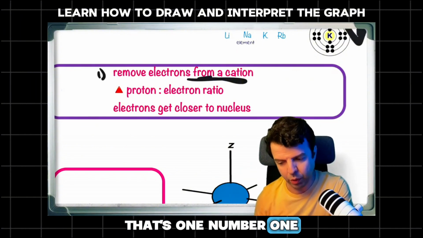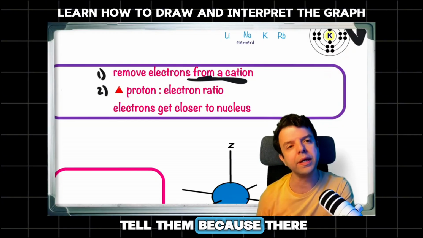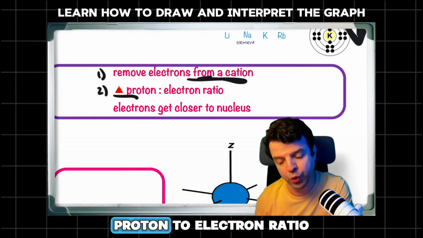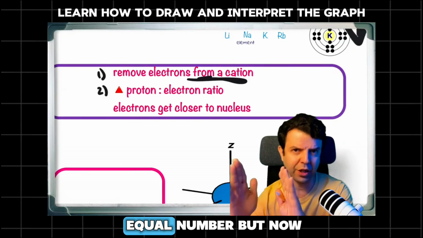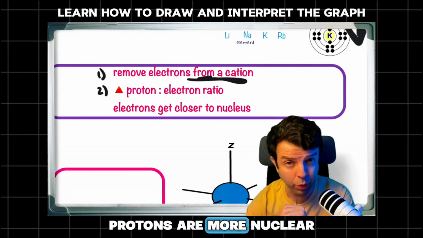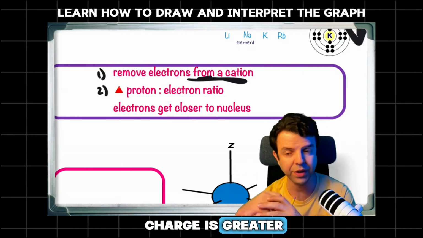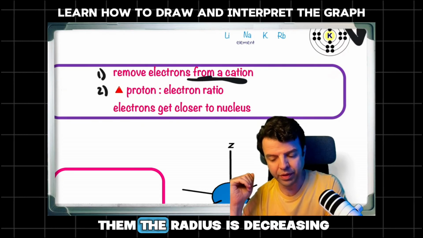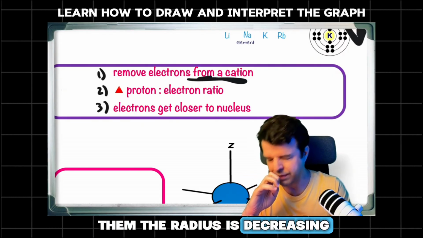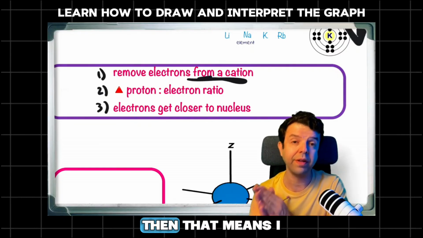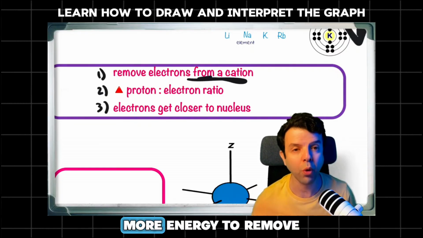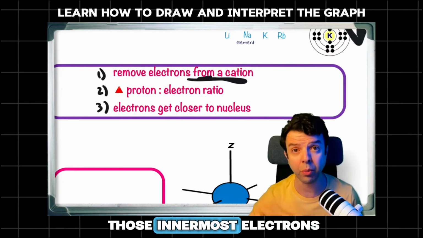Number two, there is a greater proton to electron ratio, meaning initially I had an equal number, but now protons are more, so nuclear charge is greater. Lastly, the radius is decreasing, which means I'm getting closer to the nucleus. Then I need to put in more energy to remove those innermost electrons.